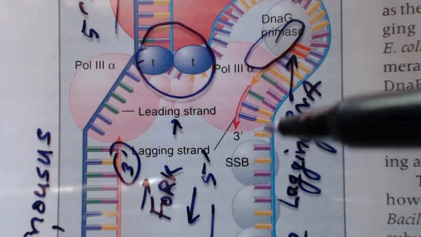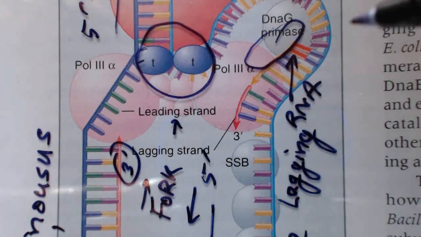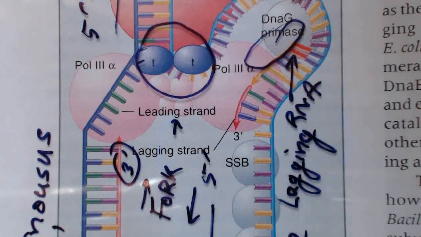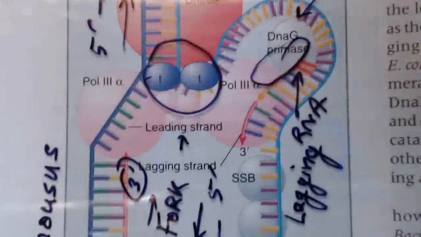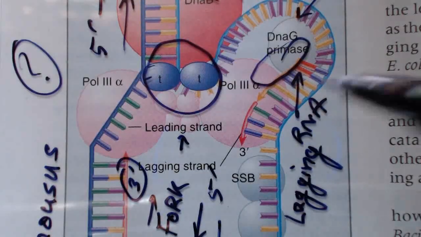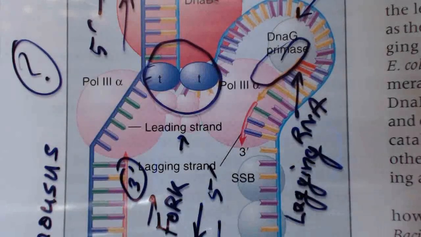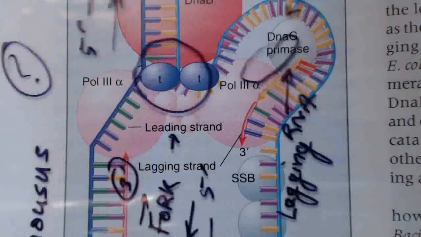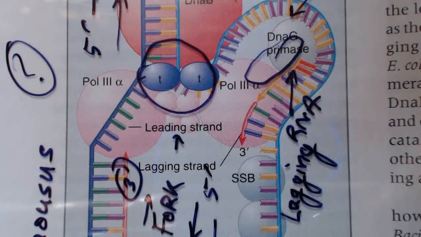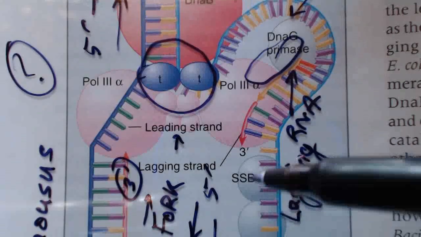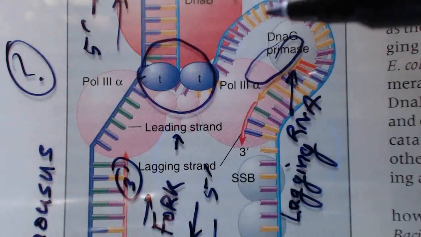So how could DNA polymerase manage to synthesize both of these strands simultaneously in the DNA? That is my question, so try to think about it. DNA polymerase can synthesize the leading strand parallel to the direction of the fork, right? DNA polymerase can synthesize the lagging strand only in the opposite, anti-parallel direction of the fork, right?